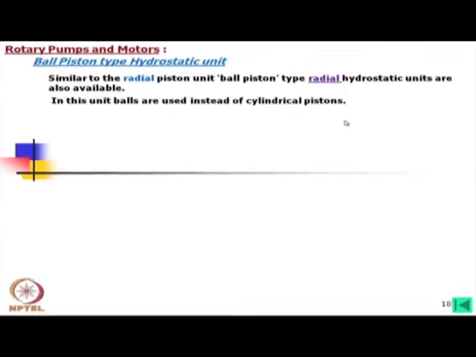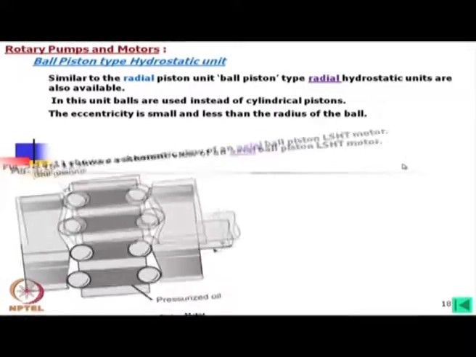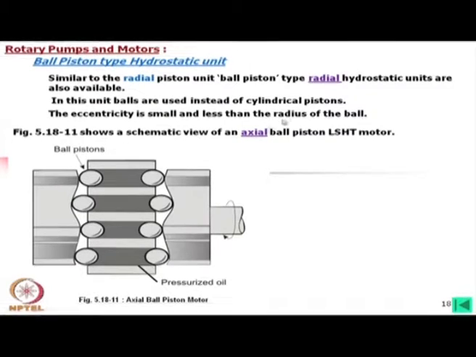Next, in radial piston, the balls are used instead of cylindrical pistons, which I have explained. The eccentricity is small and less than the radius of the ball, obviously. Now, another version is the axial ball piston type, but here also stroke length is less, whereas we can use very large size balls.